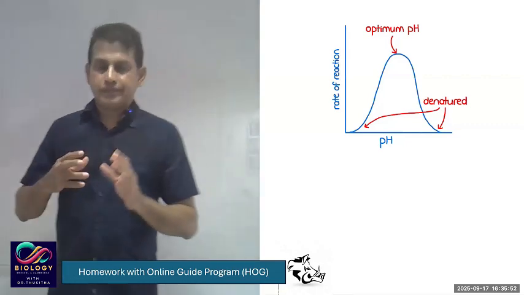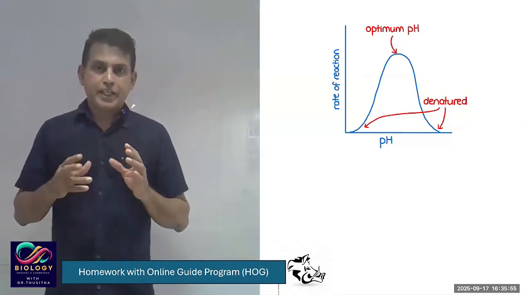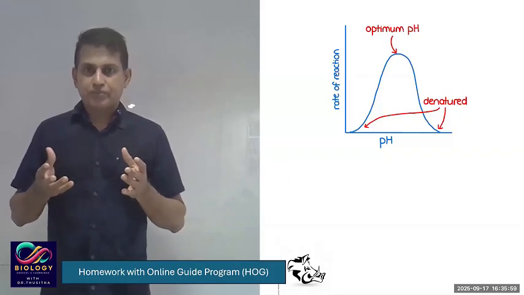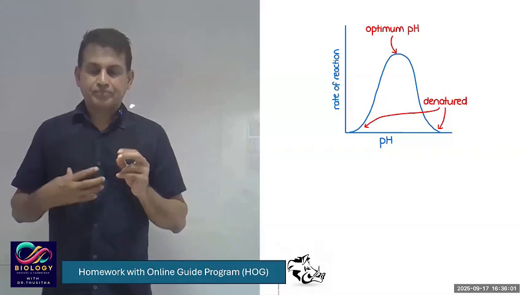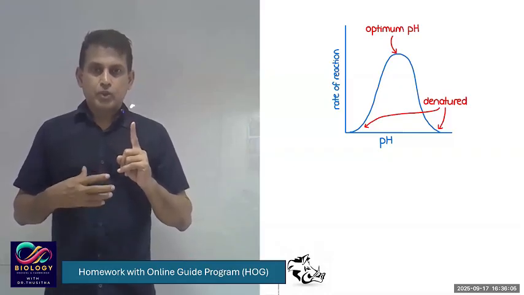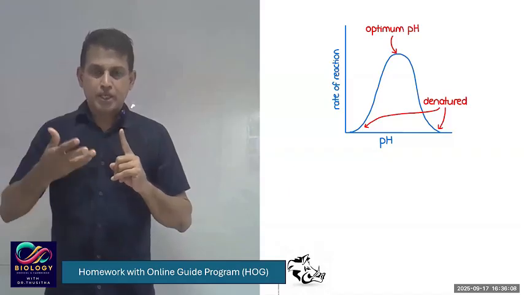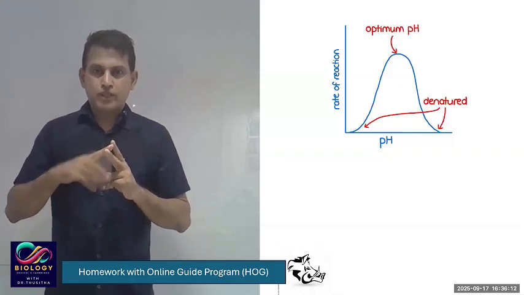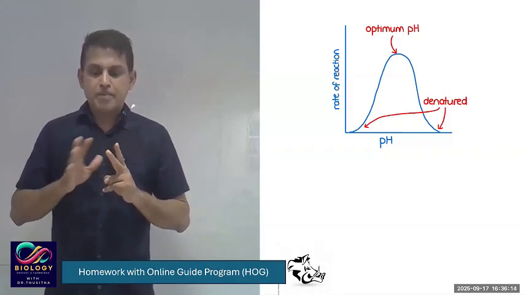We also learn what are the factors that can change enzyme's activity. There are two factors. Number one, temperature. So temperature can change enzyme activity. Number two, pH. pH can also increase or decrease enzyme activity.